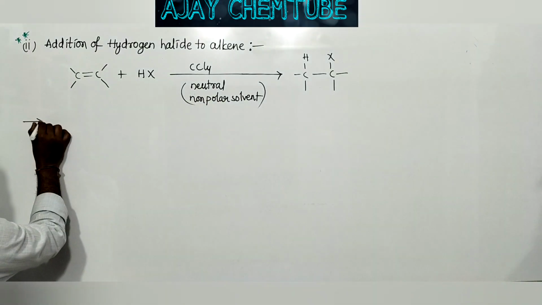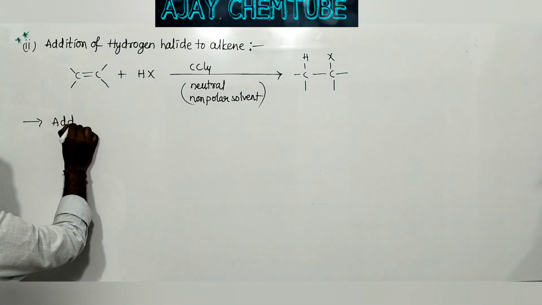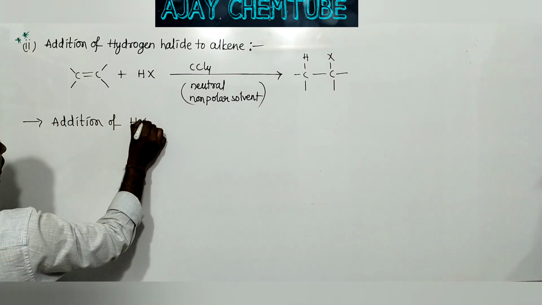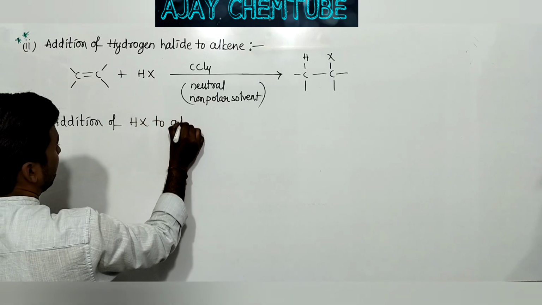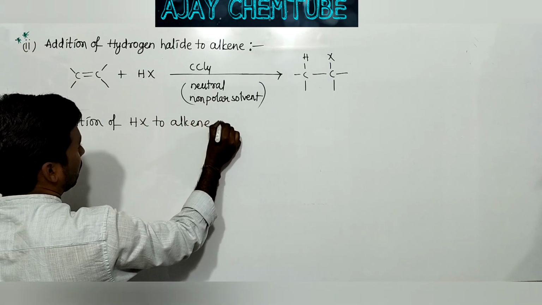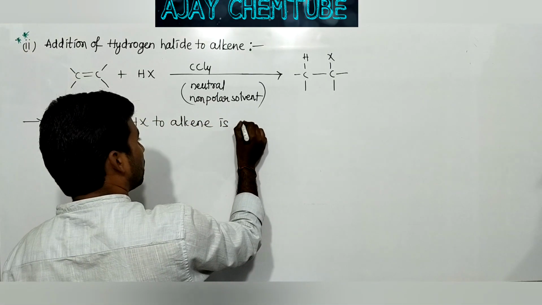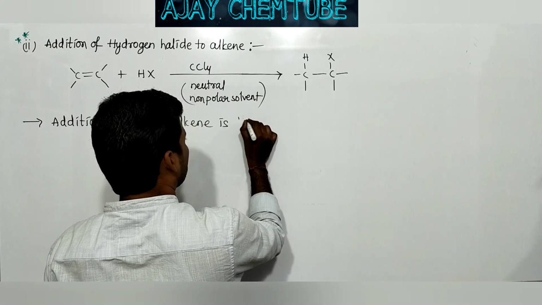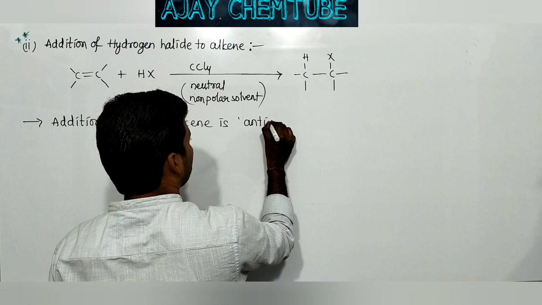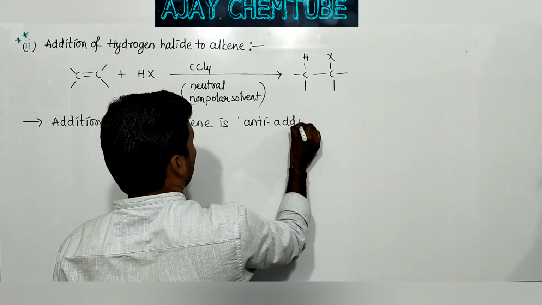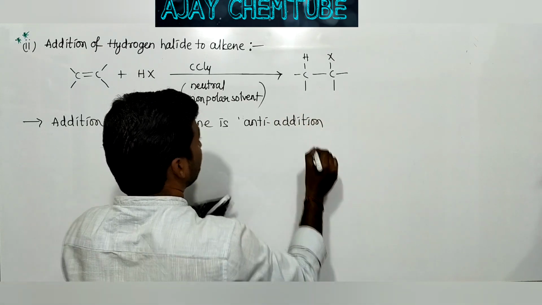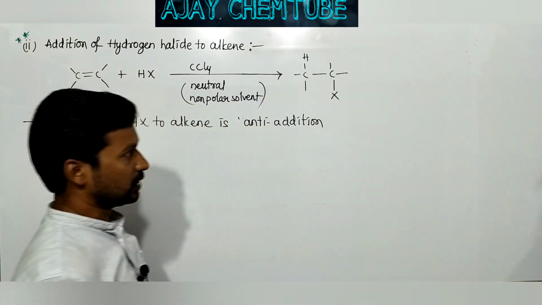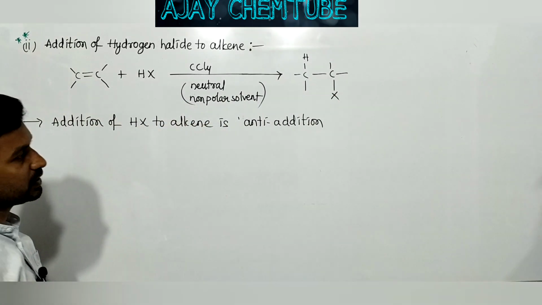First important point: addition of hydrogen halide to alkene is anti-addition, trans-addition, opposite side addition. That means we should not write it like this; we have to write it like this, anti-addition.